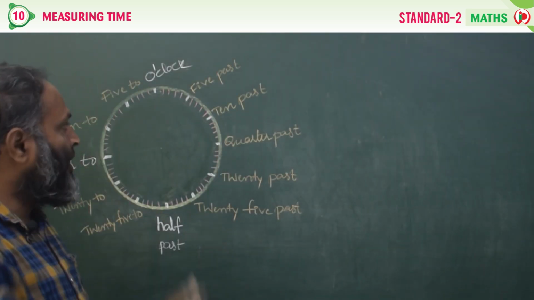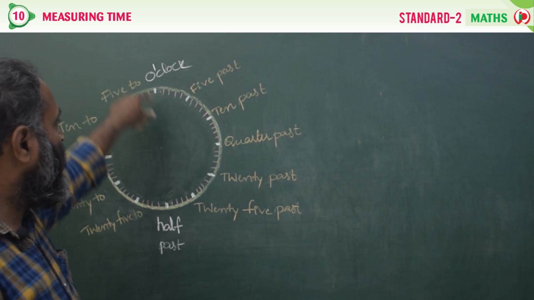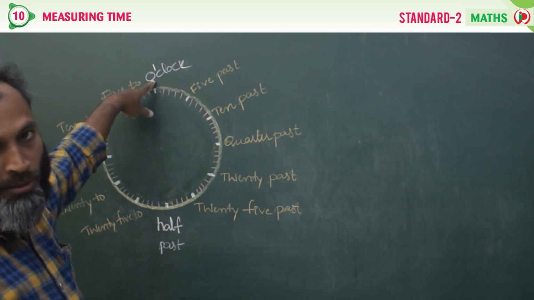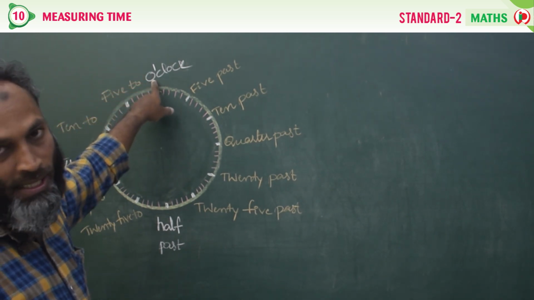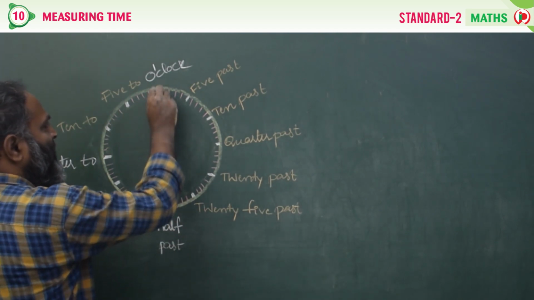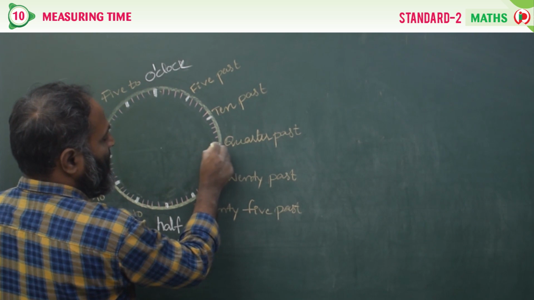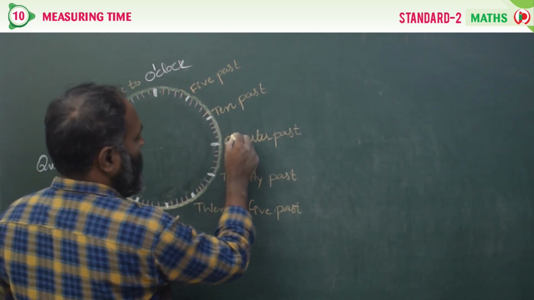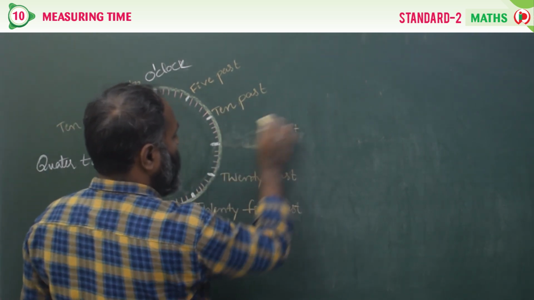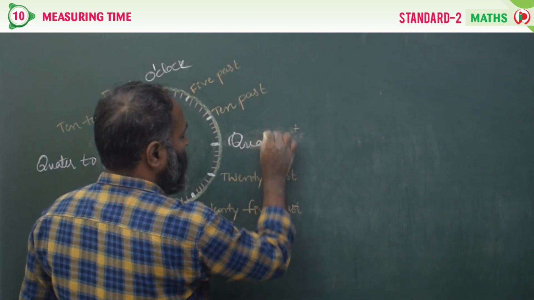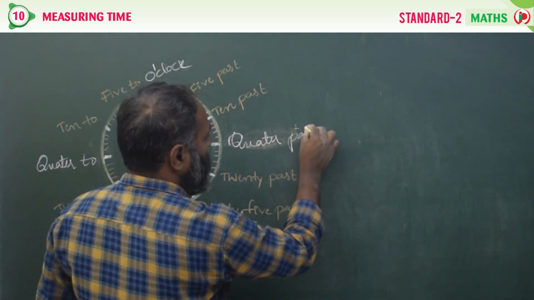Now, students, here in Fun Time it is given. O'clock means in hours. If the minute hand is at 12, then the time is in hours. If the minute hand is at 3, the time is quarter past.